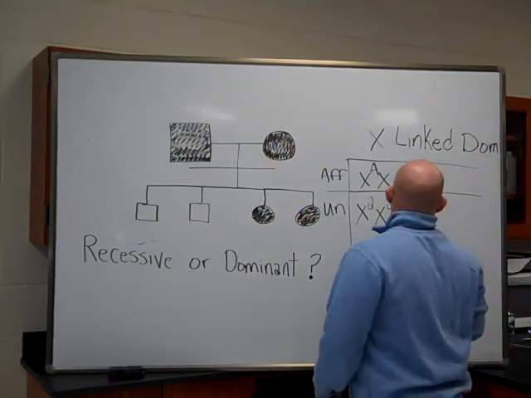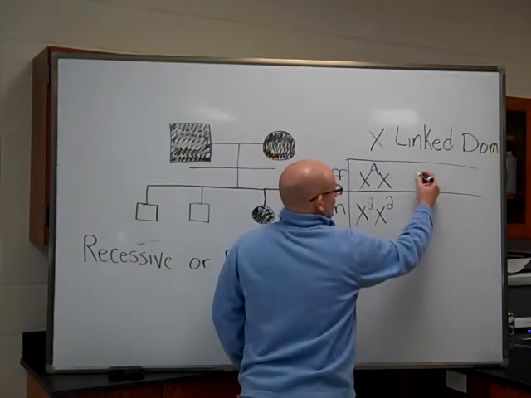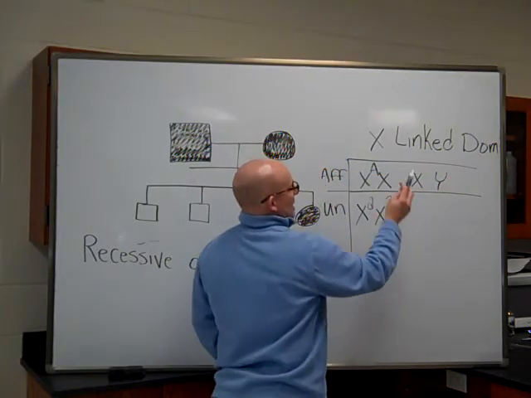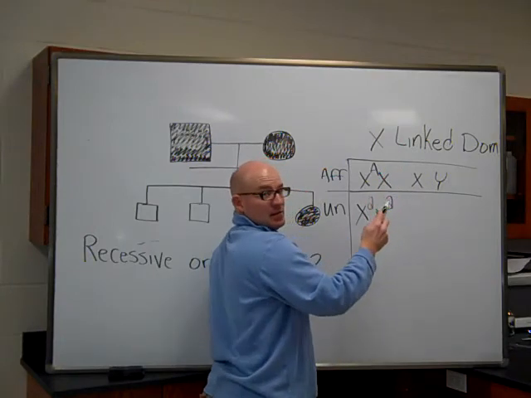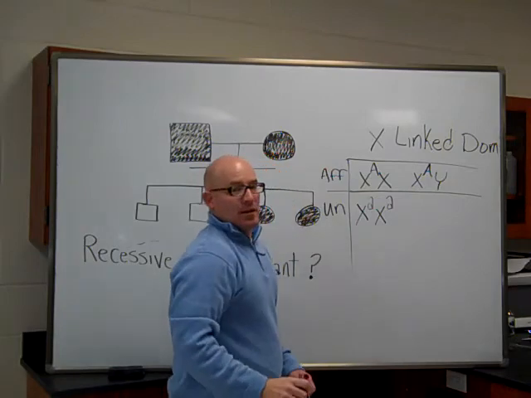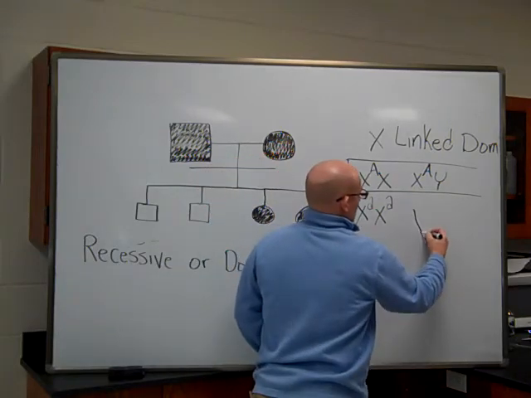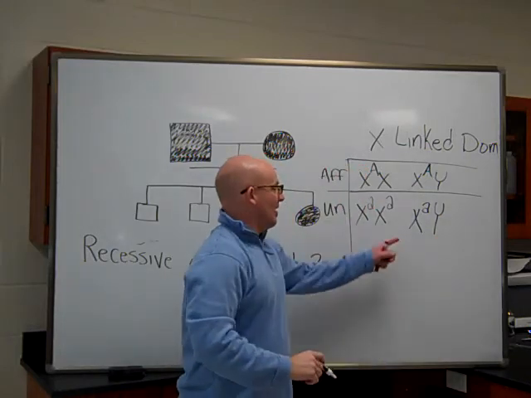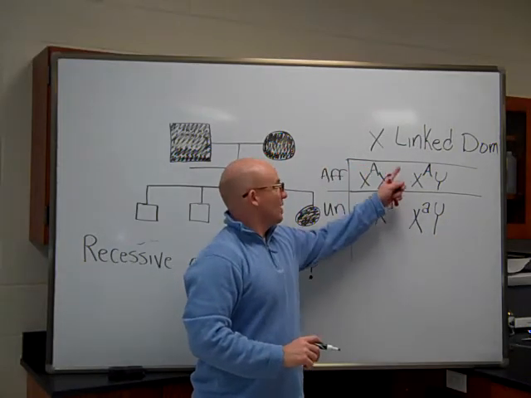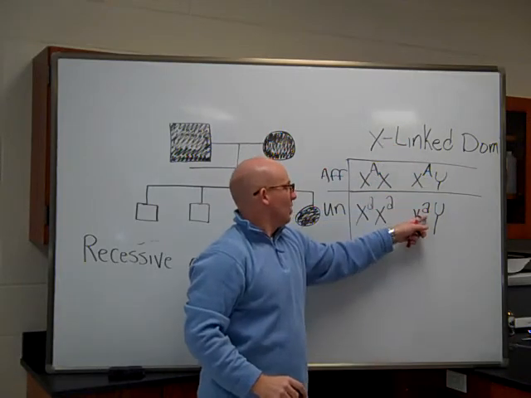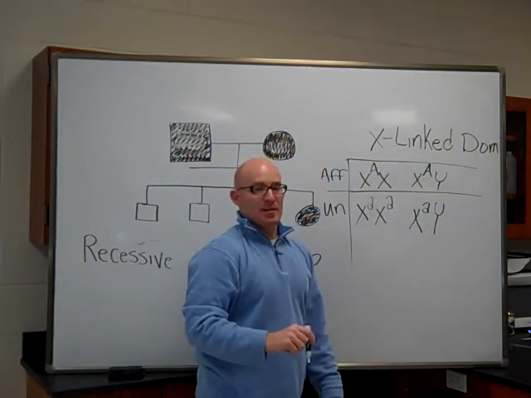To have a male with the trait, the male must be XY, and if he is an affected male with a dominant trait, he must be X big A Y. A male who is unaffected must be X little a Y. Remember, males only have one copy of the X chromosome, so if it's X-linked, whatever one letter they have makes them or breaks them.